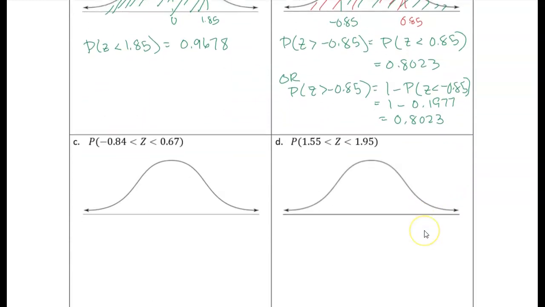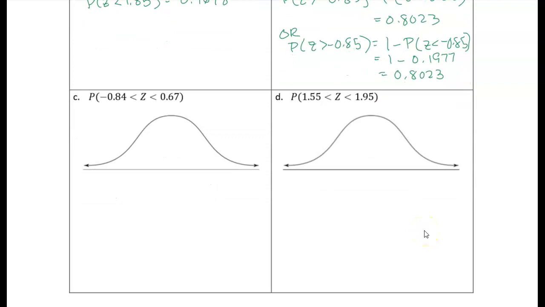All right, let's look at the next two. These involve probabilities between certain z-scores. Let's sketch it in first. So 0.67 is about here. It's positive, so it's above the mean. Let's say this is negative 0.84.